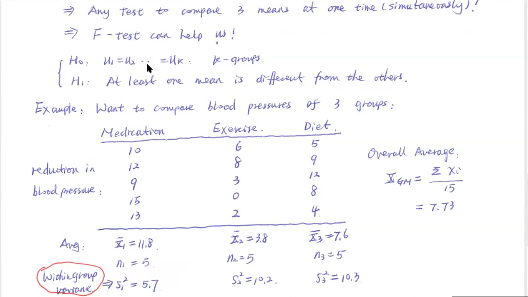We have 3 groups here, so we can write mu1 equal to mu2 equal to mu3. Now H1 will be, as long as you find one group average is different from the other, that's good enough. That's the second application, using the F-test to compare multiple group averages.